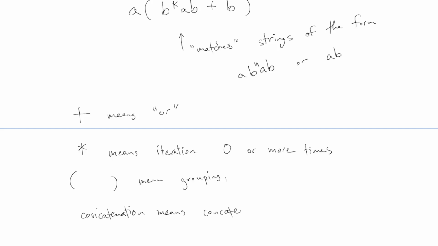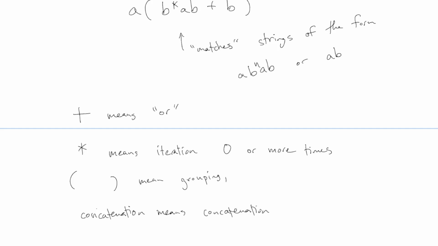When you see things written next to each other, like this a next to a b, it means a next to a b. That's what that means, all right? The only thing that's a little weird is, what does this a on the outside of these parentheses mean? It means a first, followed by this or this. So you have to read the parentheses properly. It means first I have an a, and the a is followed by either this or this, because that's what the plus means. The plus means or, all right?